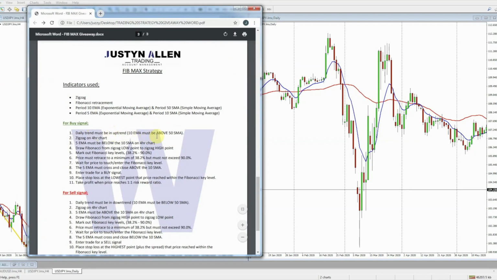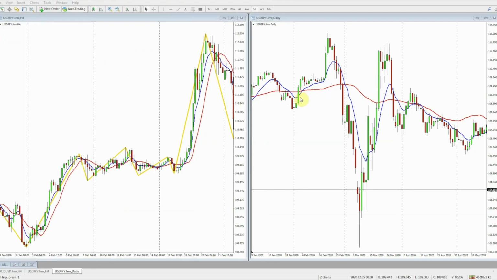The daily trend must be an uptrend, so the 10 EMA must be above the 50 SMA. So if we look at February here, we can see that it starts off with the 10 EMA being below the 50 SMA. So the blue is below the red, so you're in a downtrend initially. But once the blue is above the red, we're in an uptrend.